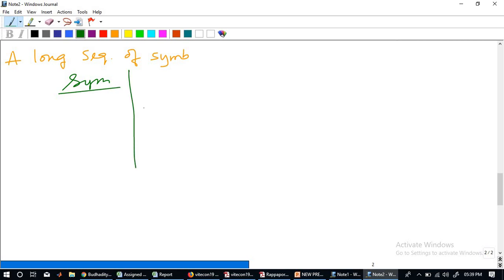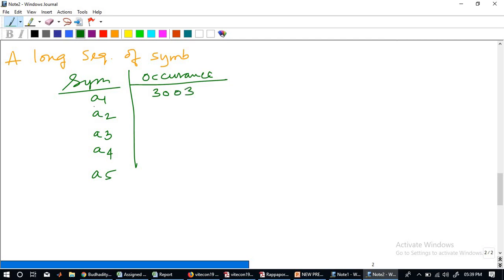Symbol and occurrence. Symbols are A1, A2, A3, A4, A5.